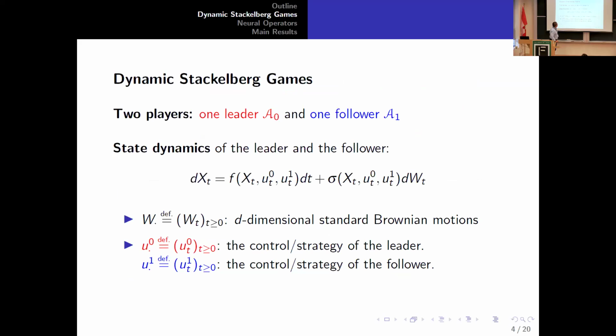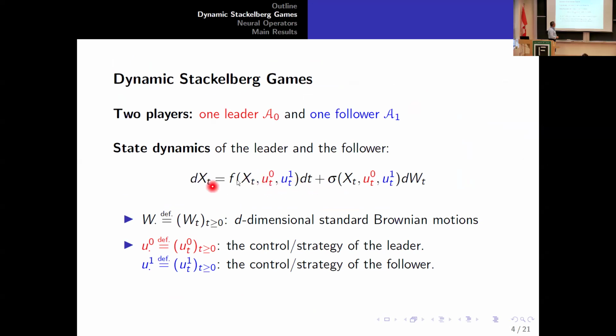Here is the basic setting of the Stackelberg game. In dynamic games, we have one leader and one follower, and they share the same state, Xt.